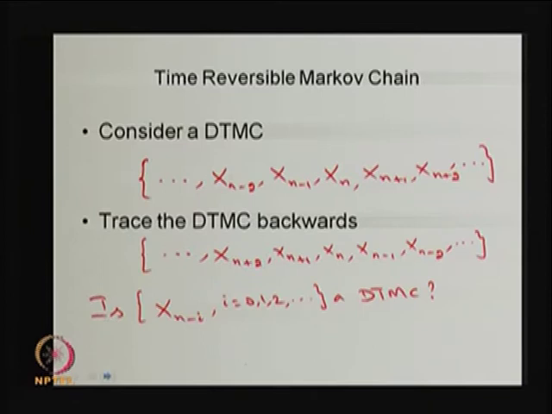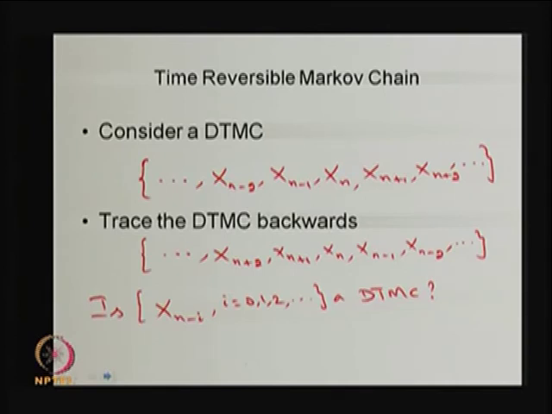Now, the question is whether, if you make a DTMC run backwards, that sequence of random variables, which is of course a stochastic process, is going to be a DTMC. Any stochastic process is going to be a DTMC if it satisfies the Markov property and the state space is discrete and the time space is also discrete.